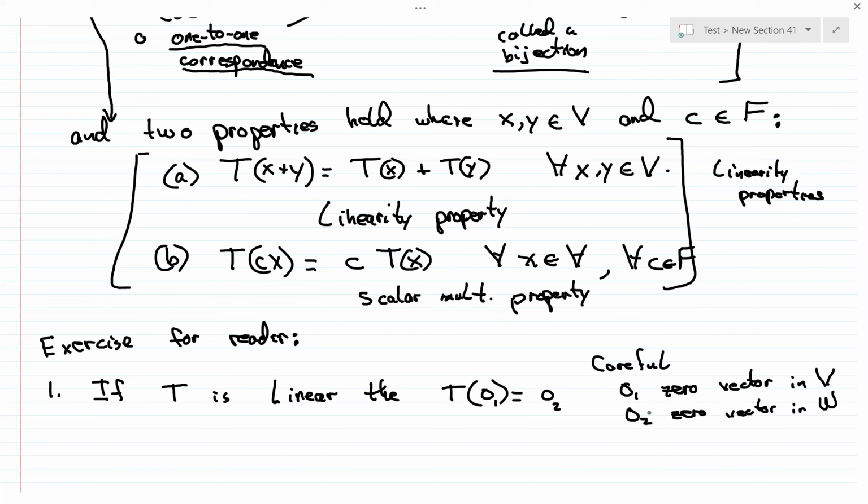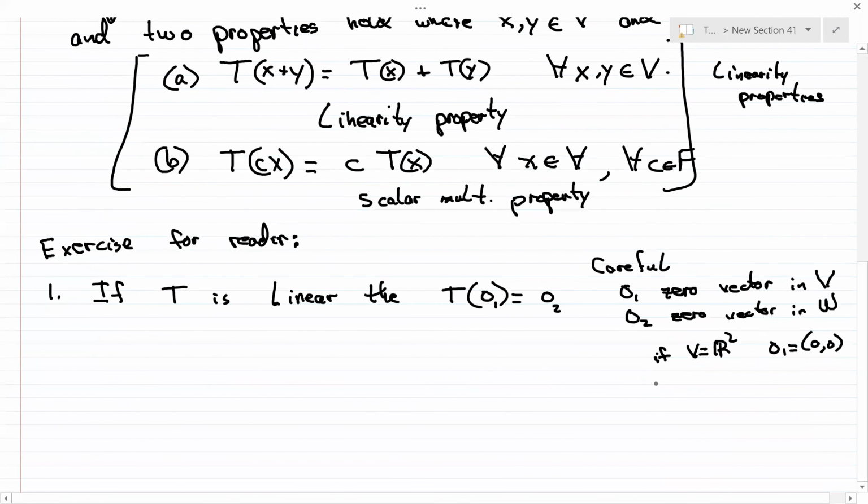So if you're going, for example, from a one-dimensional vector space to a two-dimensional vector space, or say this was 2 to 3: if V was, for instance, R2, then 0_1 would be the vector (0, 0).